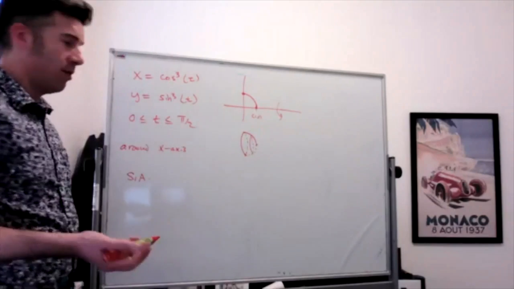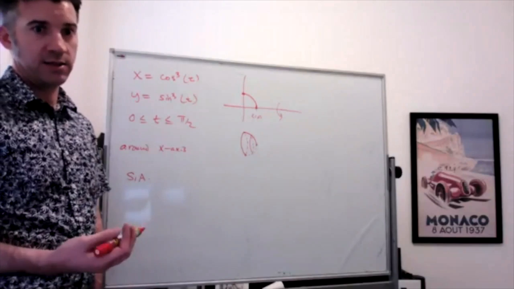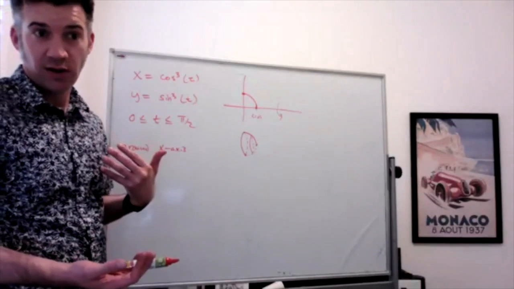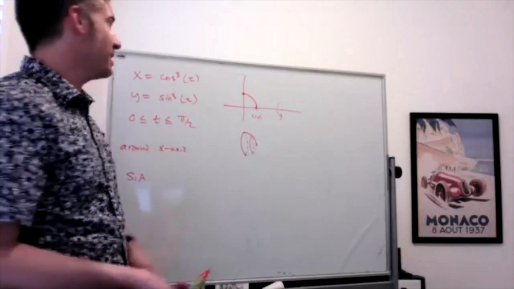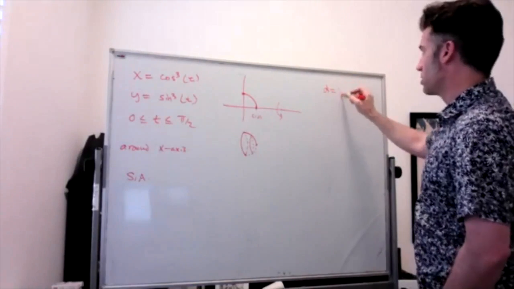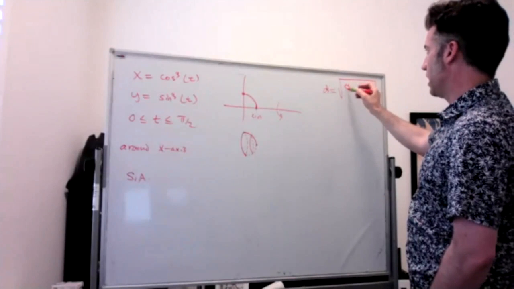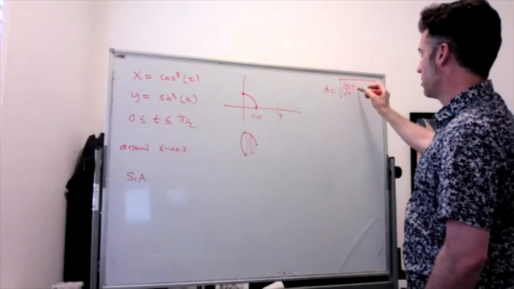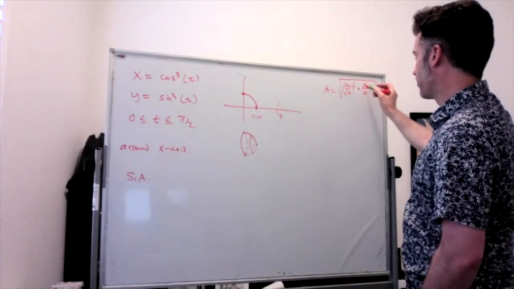So we need to think about what our ds is. Well, ds is never an issue. Parametrically, ds is always going to be the square root of dx dt squared plus dy dt squared.